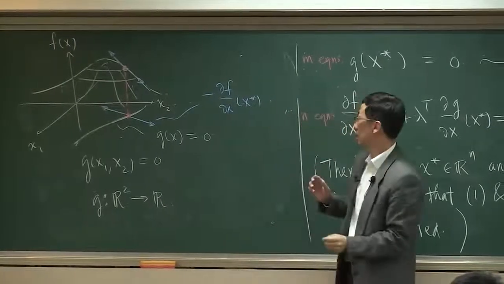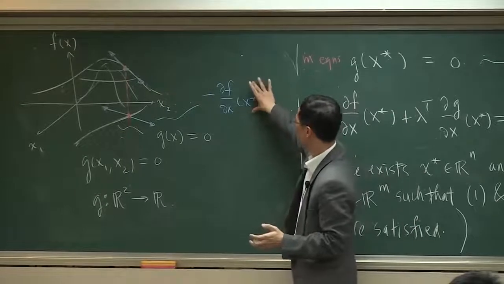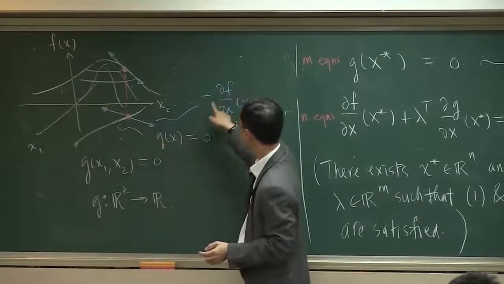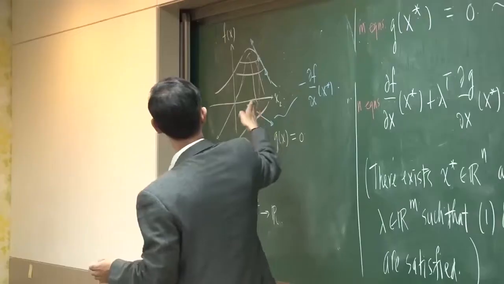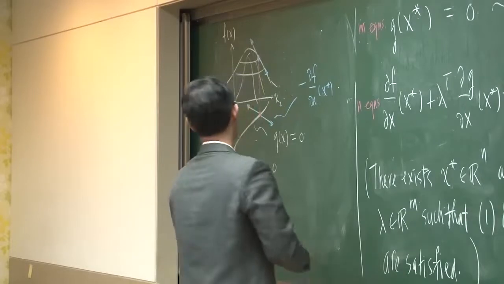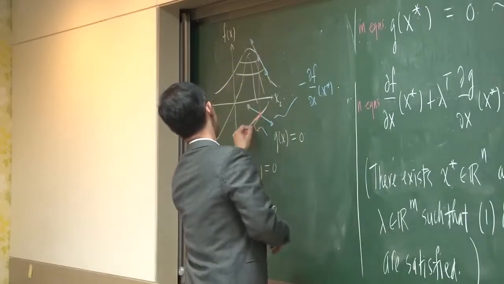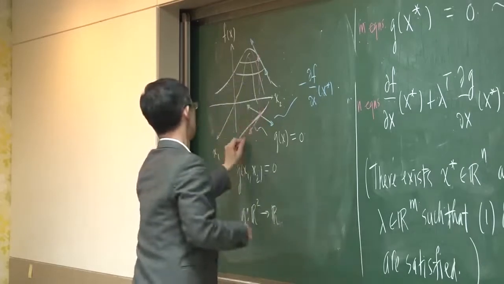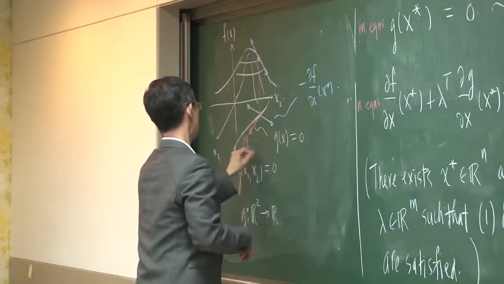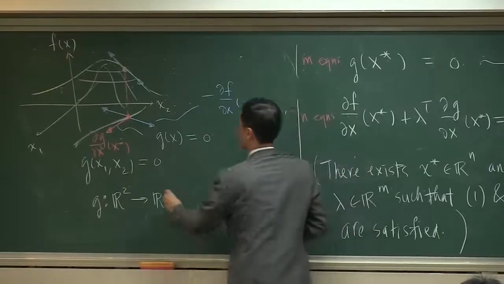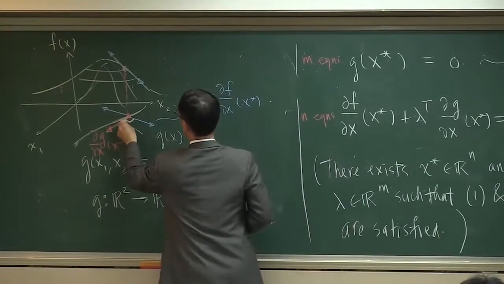What this is saying is that this vector df dx is orthogonal to this vector, which is dg dx at x star. So these are 90 degrees apart.